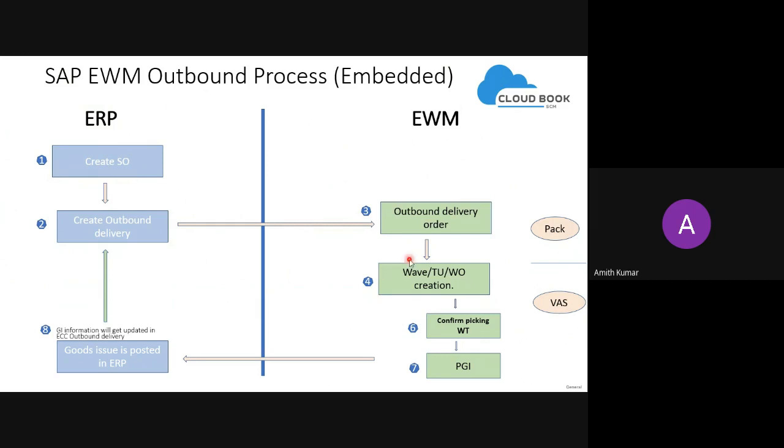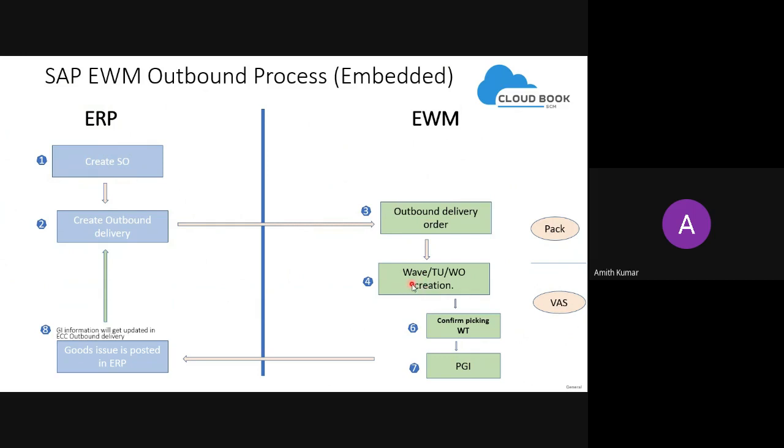In EWM, in case of outbound, we have a lot of functionalities available. For example, we have the concept of waves. I will not go into details right now because it is a very big topic; it takes at least 2 to 3 days to complete.